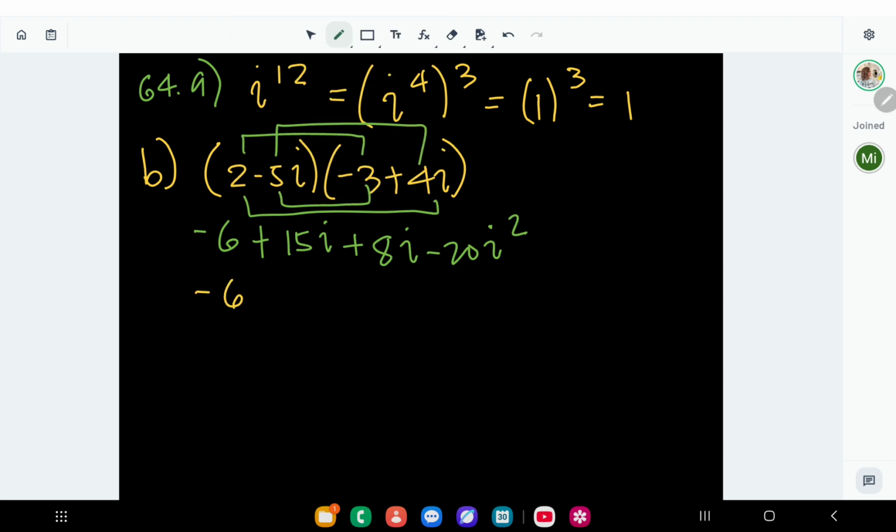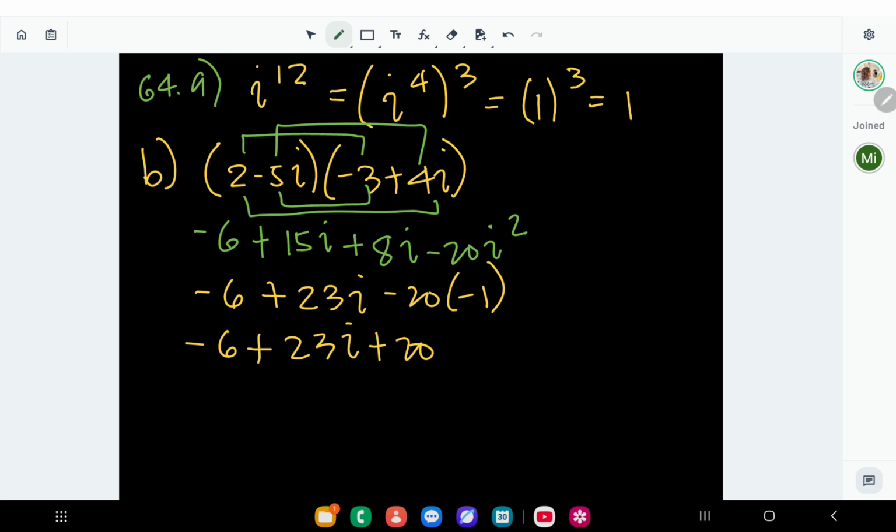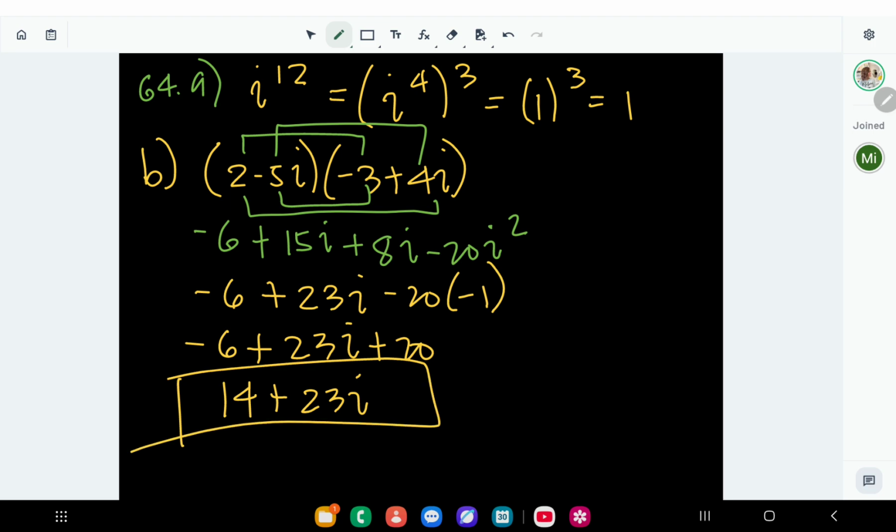This is negative 6. 15 plus 8 is 23i, minus 20 times negative 1. So negative 6 plus 23i plus 20. So 20 minus 6 is 14. So this is 14 plus 23i. This is the answer for letter B.